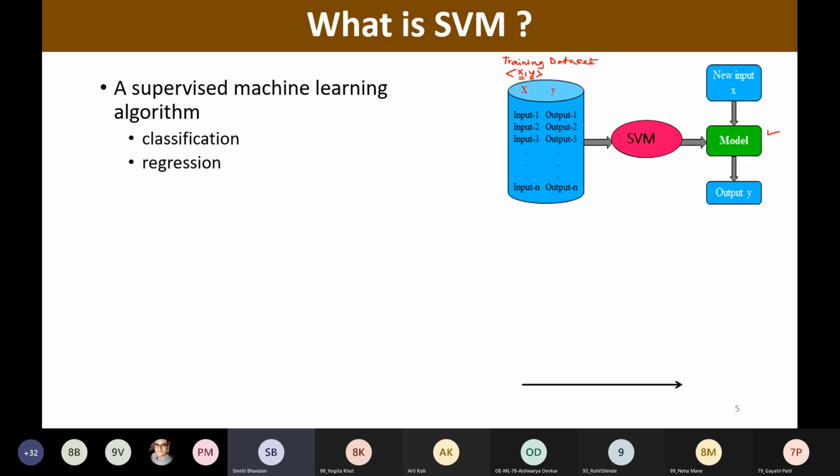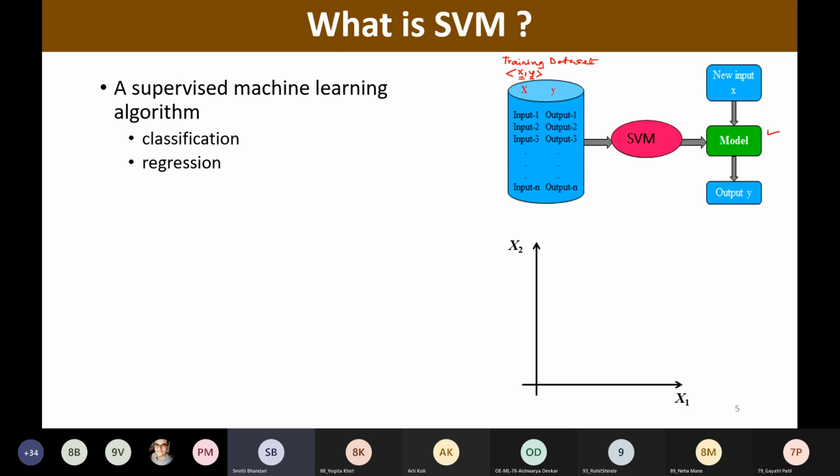Now let us see one example. In fact, we have gone through such kinds of examples many times, but once again, for the completion of our discussion, we are having this example. So let us assume that we are having some training data with us, and every training data is being described with two features, X1 and X2. Right? So every sample is being described with these two features.